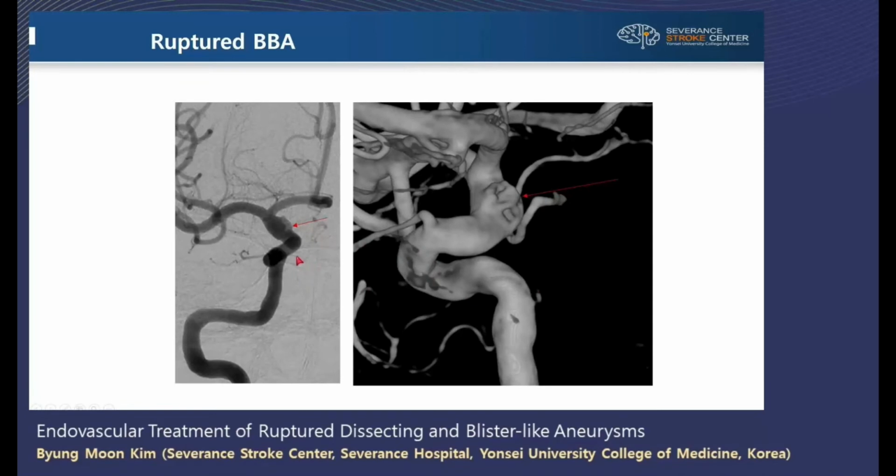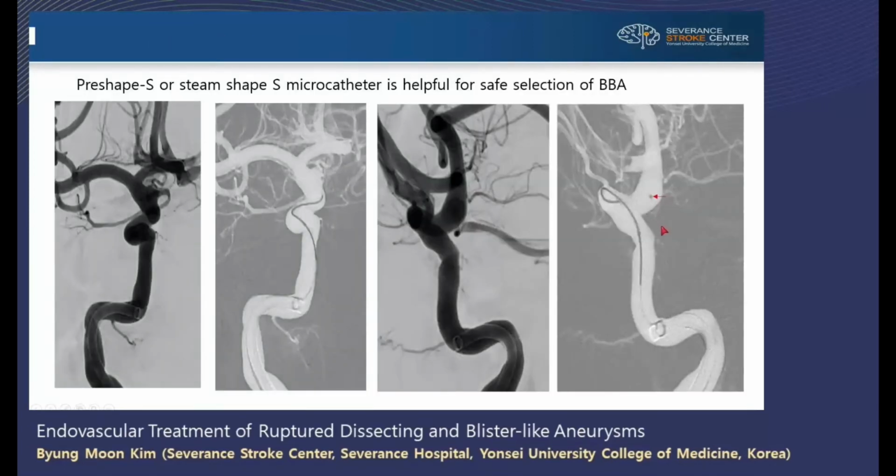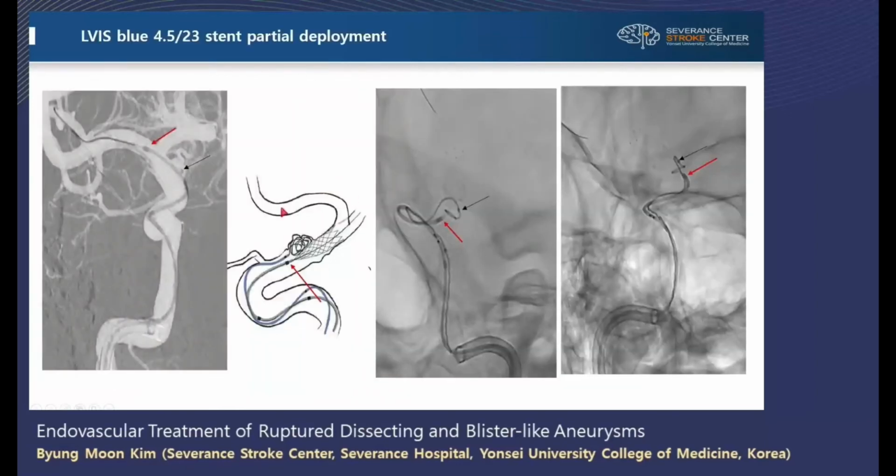This is another case of ruptured blood blister-like aneurysm. You can see the anterior choroidal artery here. This is the jailed microcatheter. Firstly, similarly, I deployed an Elvis stent partially at this portion.